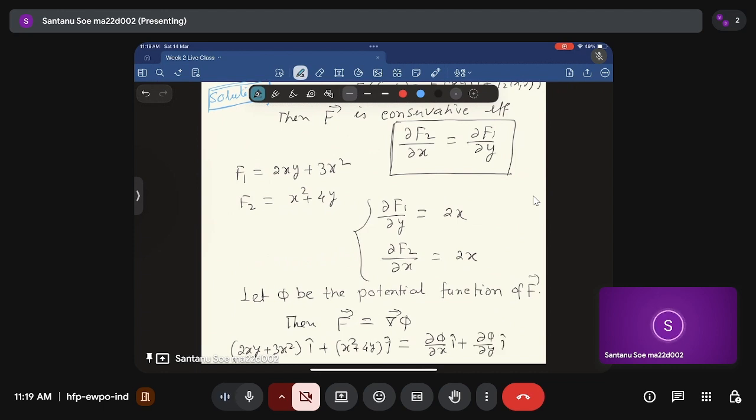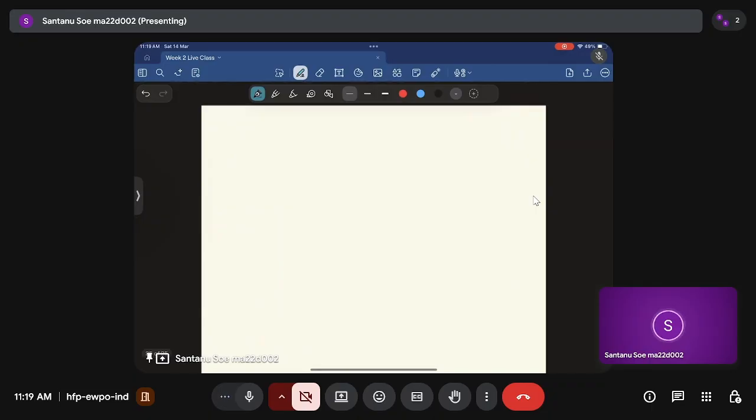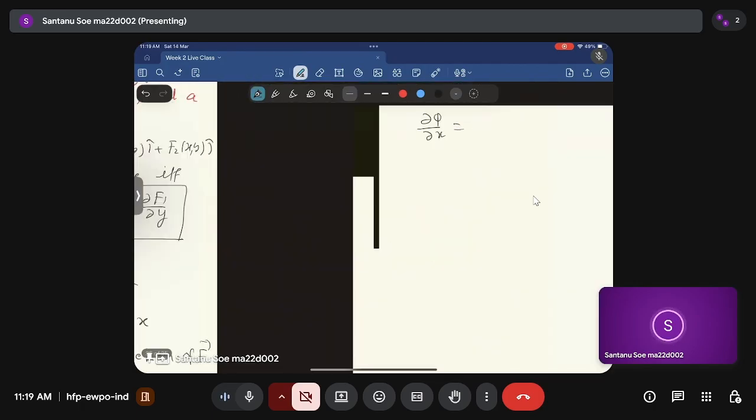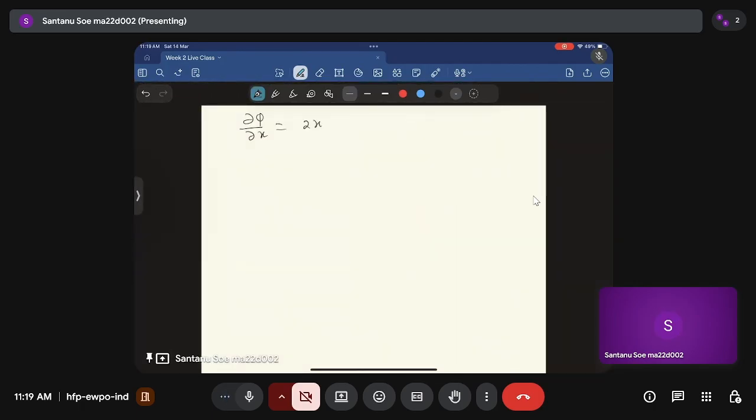So now we can compare both the left hand and right hand side, and if we do so, we get del phi by del x equals 2xy plus 3x square, correct?